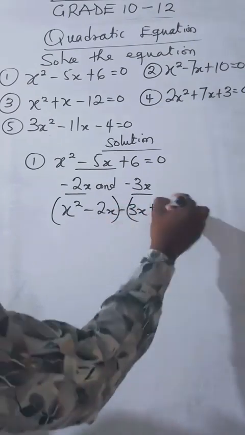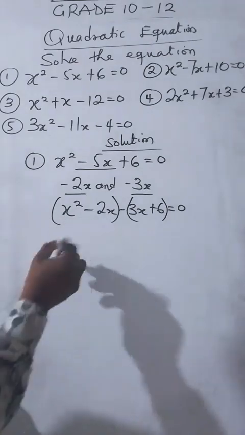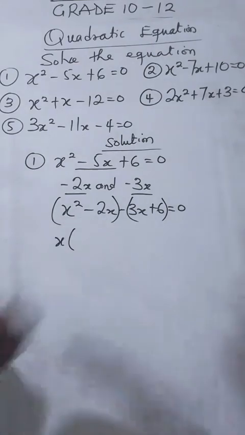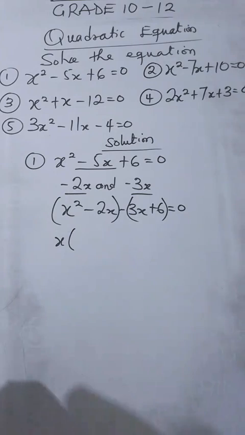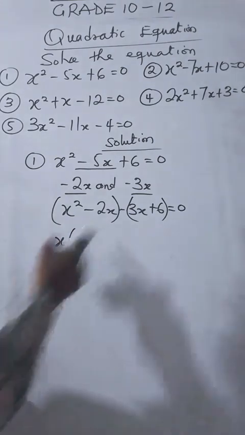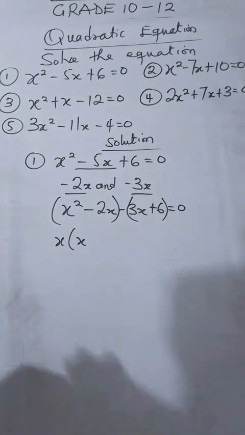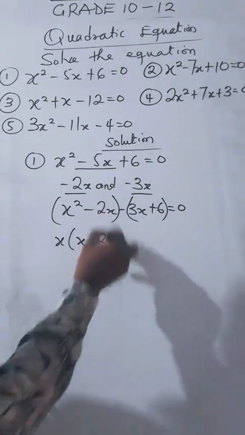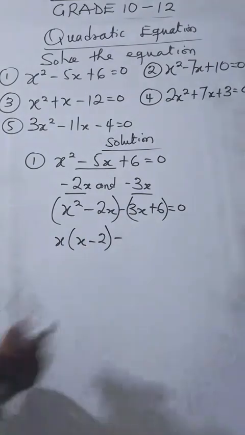So here you factorize it like this. When you check here, you can see x is common. You factorize the x out. So we are left with x here, and on this side we are left with minus 2.